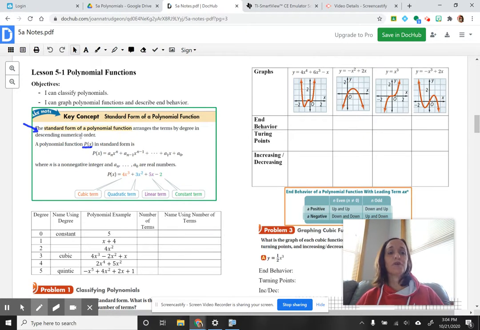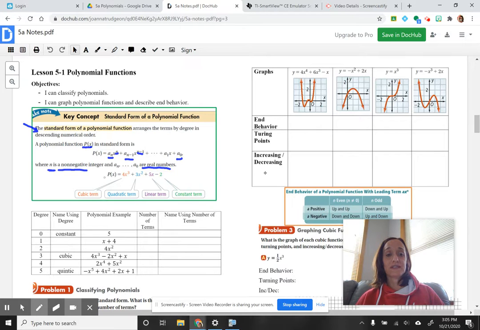Basically, the main thing is that this n, maybe that's a 5, and then this exponent would be a 4, and so on until you get to a0, which is just a constant. Better to probably look at an example. And by the way, that exponent has to be non-negative, so you can't have negative exponents. And also all of the coefficients are going to be real numbers, nothing with imaginary numbers.